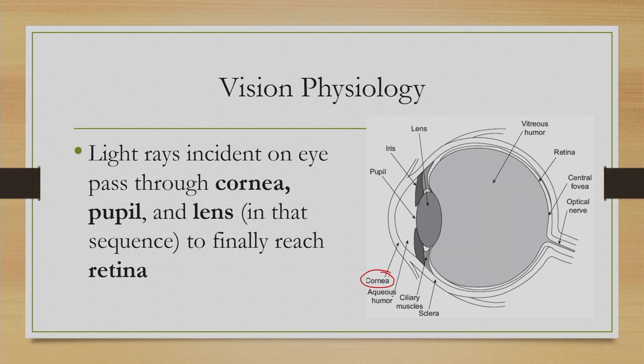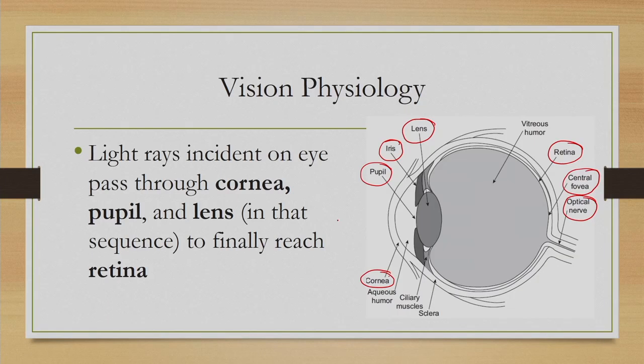There are other components. Then we have the pupil, iris, lens, retina, optical nerve and central fovea.